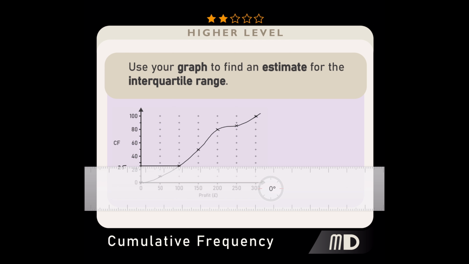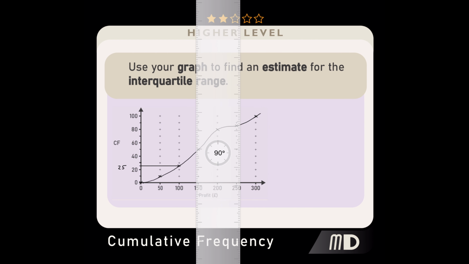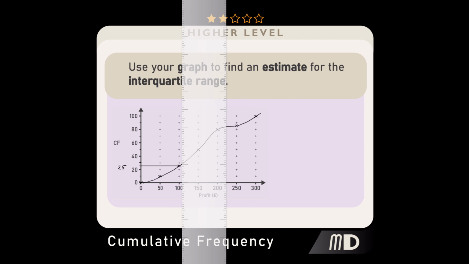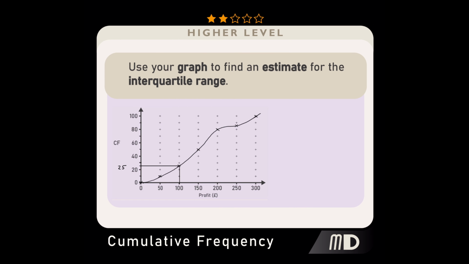Then, draw a vertical line down to the x-axis and identify the value where the line meets the x-axis. And we can see that the profit is £100. So the value of the lower quartile is £100.